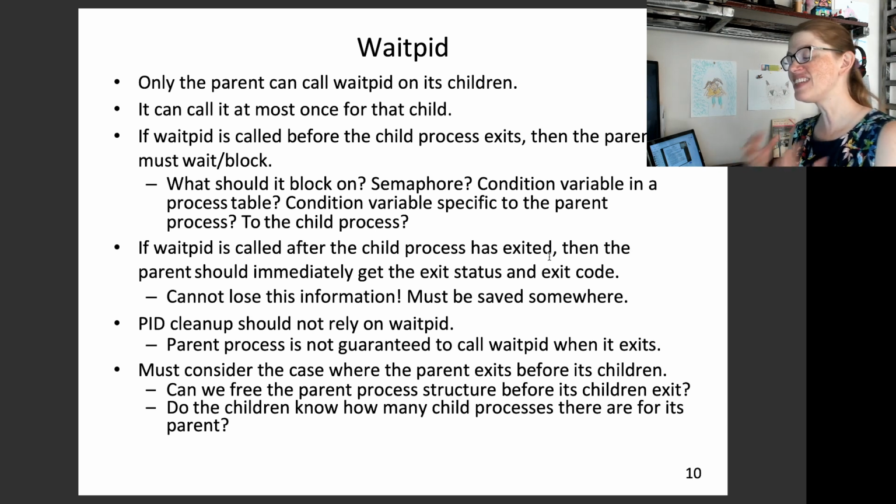The synchronization of this gets really complicated depending on your implementation. It's the number one place where I see people having either race conditions or deadlock. It's either the situation where you forgot to wake somebody up, or it's the situation where the parent is trying to check something about the child while the child could actually be modifying something about themselves, or vice versa. So really be careful about the synchronization around that.